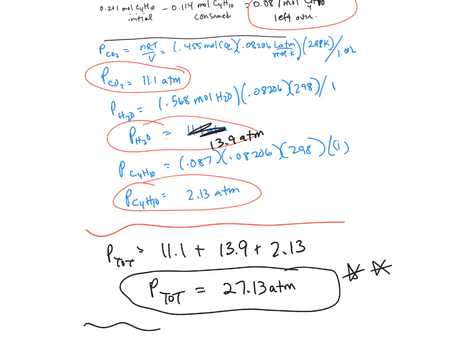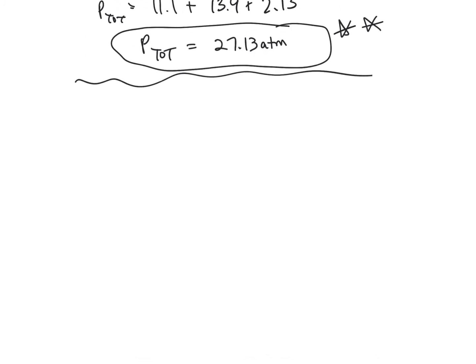All right, so next is number 4. And this problem is a reaction of magnesium nitride and water to form magnesium hydroxide and ammonia.